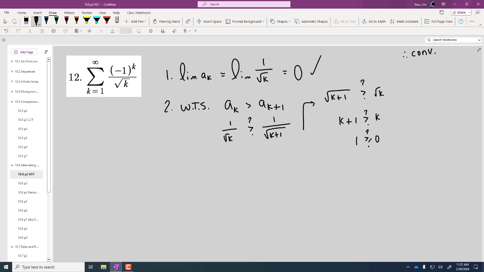And we have an inequality that is true by inspection. So if both of those things are true, limit is 0, terms decrease, done. Converges. That's one of the simpler tests. And it's amazing that it's that quick.